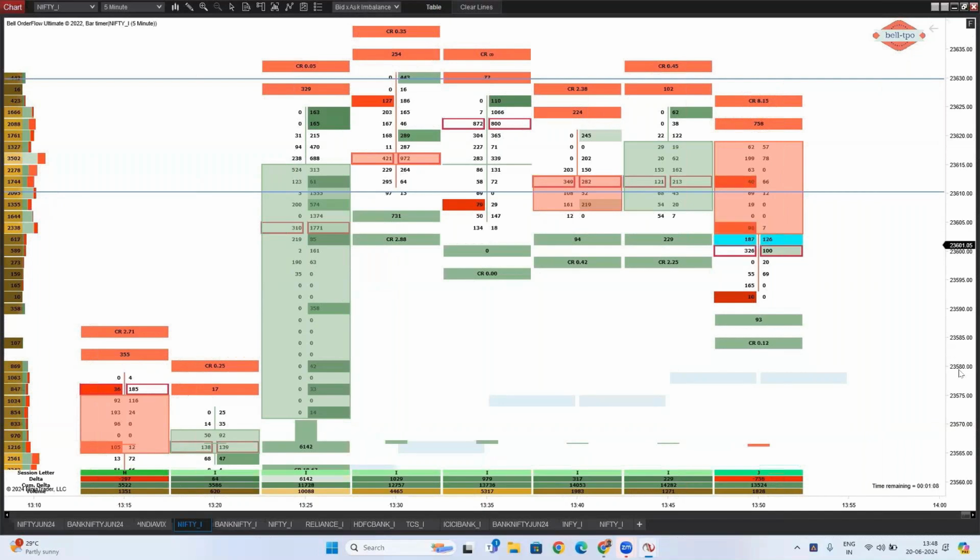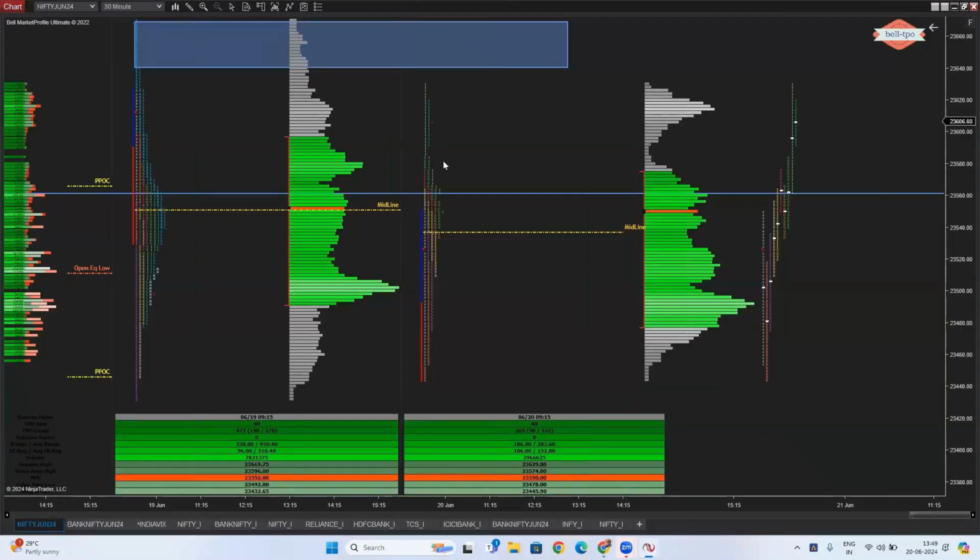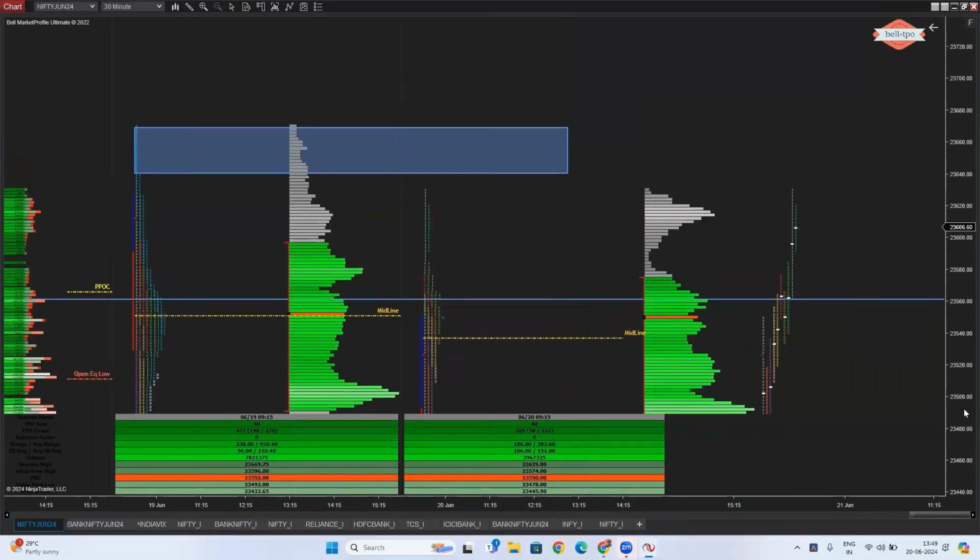So volume is still better. We'll not say it's lesser volume, but reasonable volume. And the context here: is the J period completely cleared? Not yet. Ideally, it is supposed to get a clearance here.